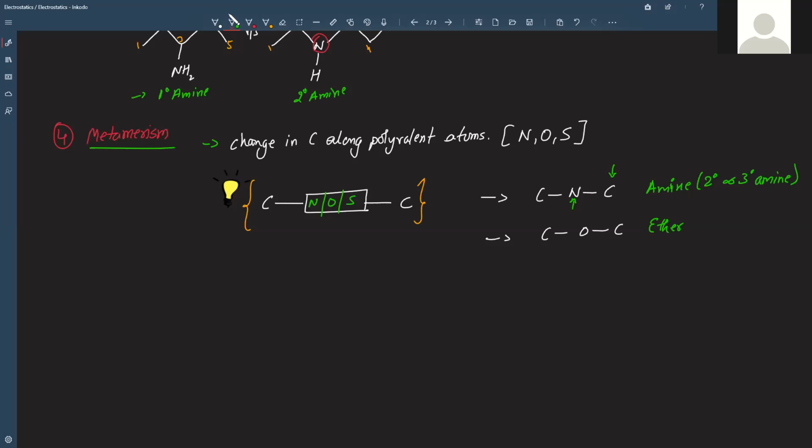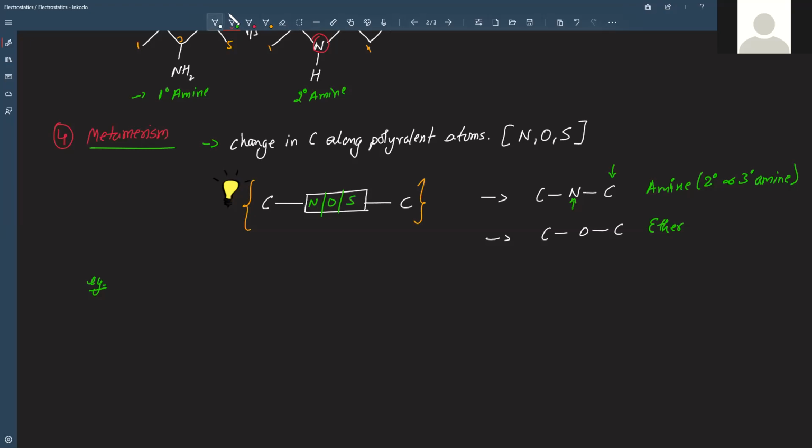So in our course, this is where we will study metamers or metamerism: in the amine chapter, in nitro compounds, and in the ether chapter, the first chapter itself, since an alcohol's derivative is ether. Right. So let's see examples of this.